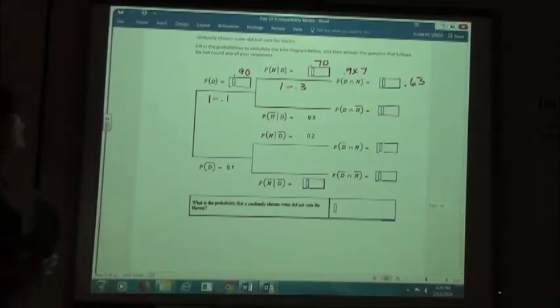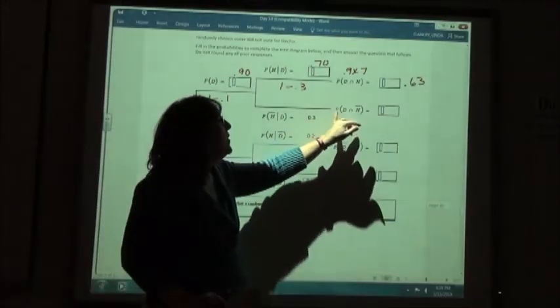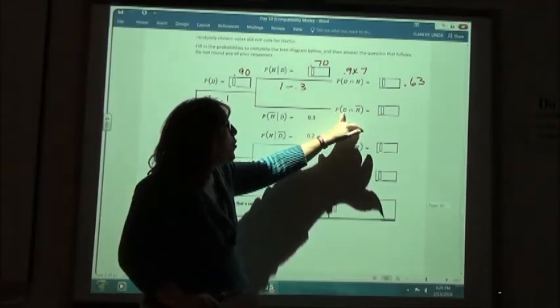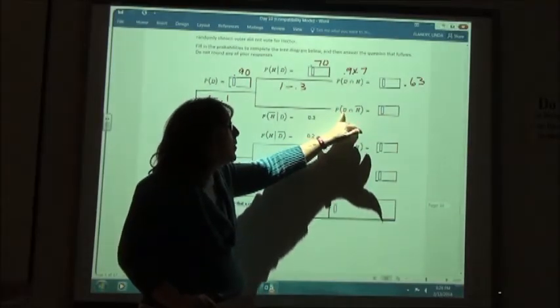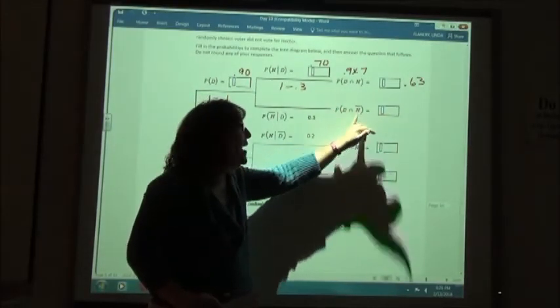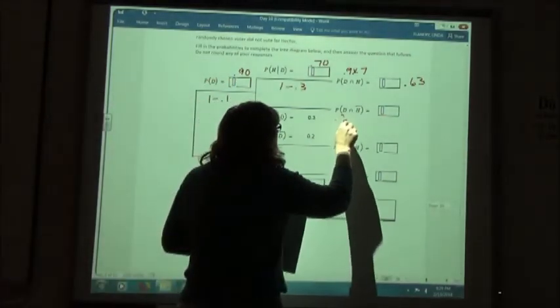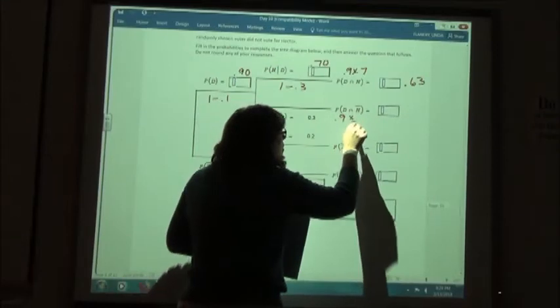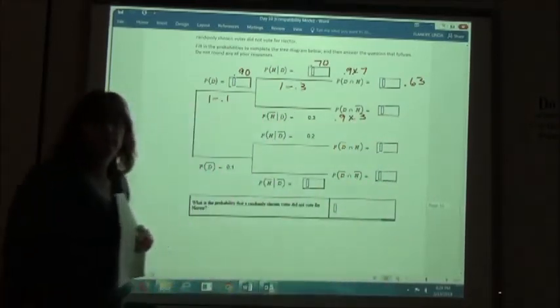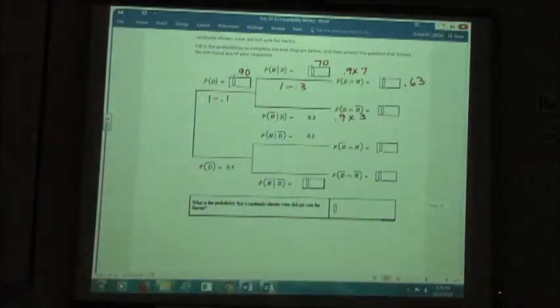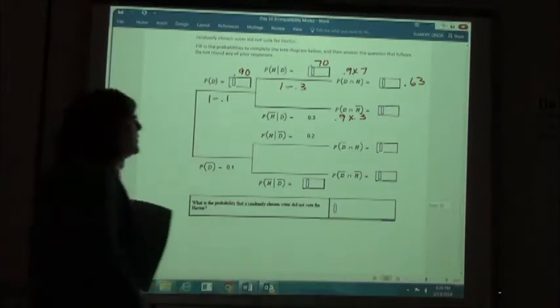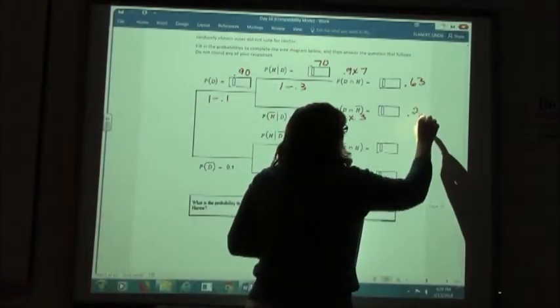On the second part of that, we want the people who had a high school diploma but did not vote for Hector. So had a diploma was 90%, did not vote for Hector was 30%. So 0.9 times 0.3 gives us 0.27.